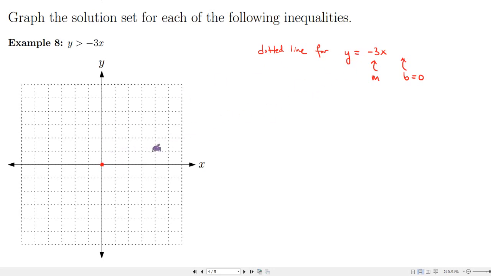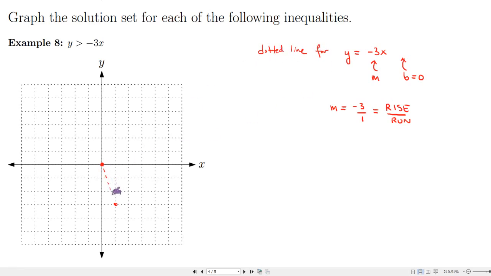So we are going to have a rise of negative 3 and a run of positive 1, right? So the slope, m, is equal to negative 3 over 1. That is the rise over the run. So the rise will go down 3, and you'll go in the positive 1 direction. And so we will get a line that goes through these 2 points, but it's going to be a dotted line.